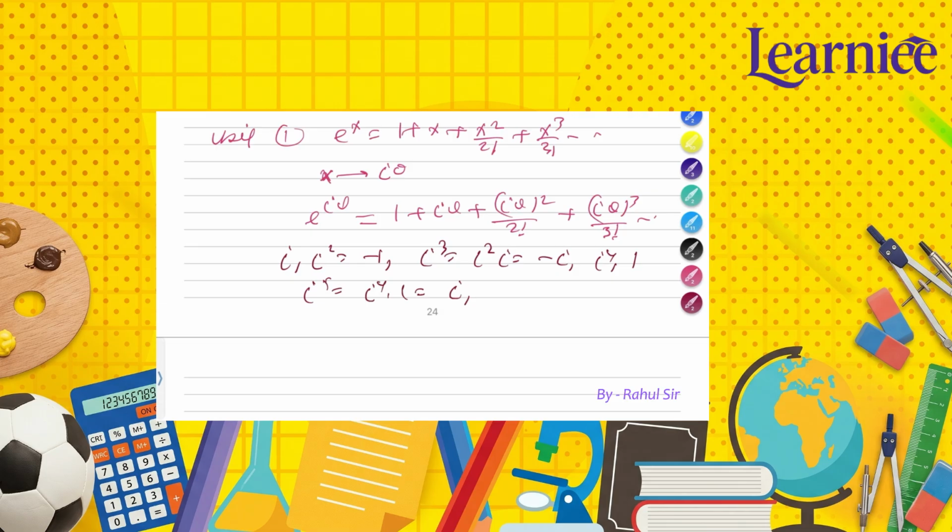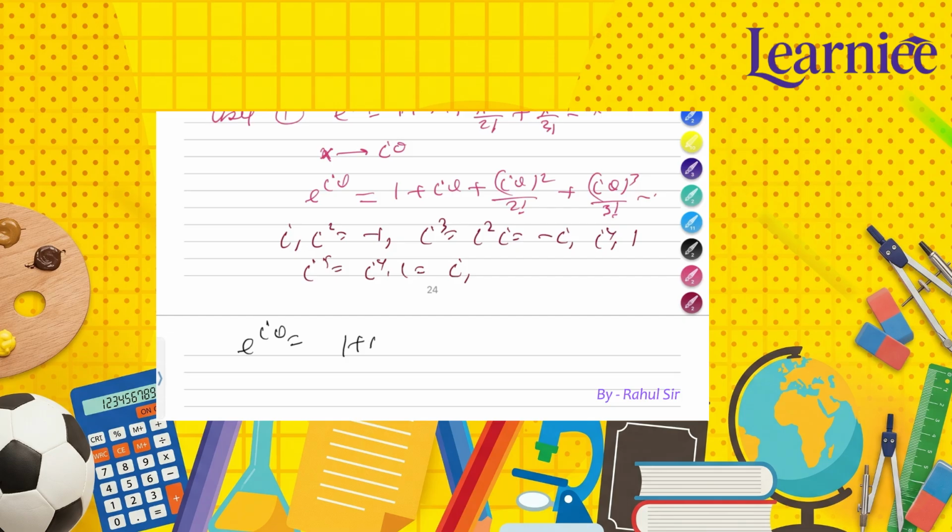So simplifying this, e to the power i theta is 1 plus i theta minus theta square upon 2 factorial, and then i cube is minus i, so minus i theta cube upon 3 factorial. Similarly, we get plus theta to the power 4 upon 4 factorial and so on.